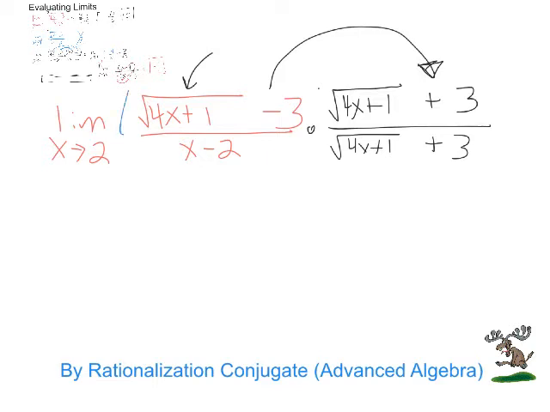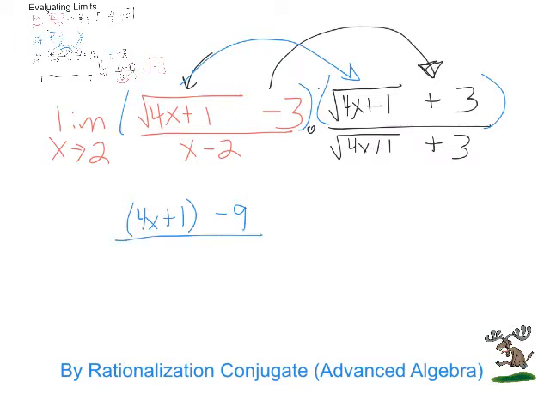And root 4x plus 1, when we distribute this all out using our foiling techniques, we're going to get 4x plus 1 minus 9 over x minus 2 times root 4x plus 1 plus 3.